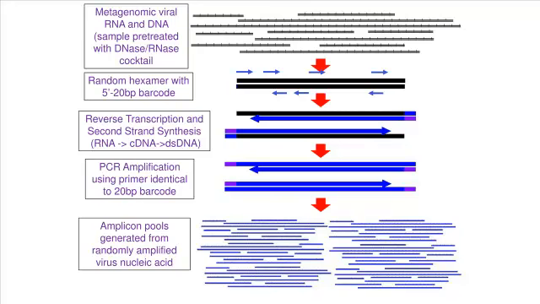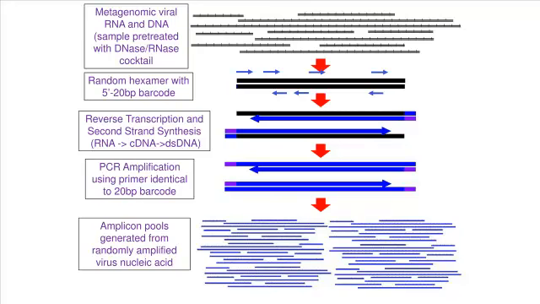We saw some background earlier, but this is the workflow that we follow. We take our sample, and the first step is to treat it with nucleases, DNase and RNase, to degrade unprotected nucleic acid in the cell. We want to get rid of pig DNA, pig RNA, and also human and bacterial nucleic acid in the sample. Then we isolate RNA and DNA, so it's enriched viral nucleic acid.